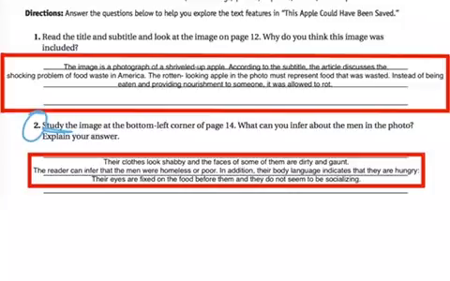So if your answer looks like I said, I wrote down that their clothes look shabby and faces of some of them are dirty and gaunt, kind of sunken in, very thin looking. The reader can infer that the men were homeless or poor. In addition, their body language indicates that they are hungry. Their eyes are fixed on the food before them, and they do not seem to be socializing. So just what I said.